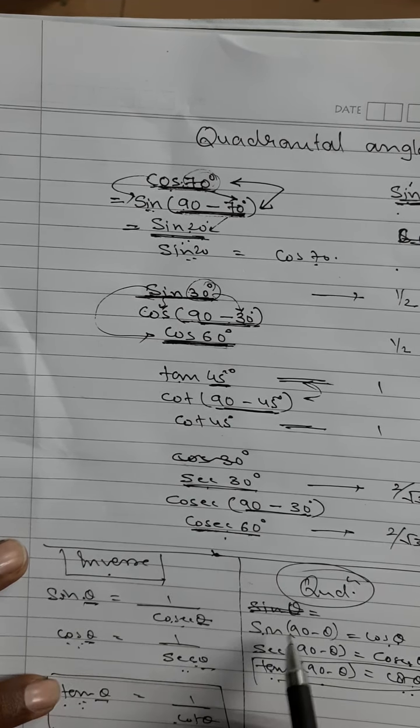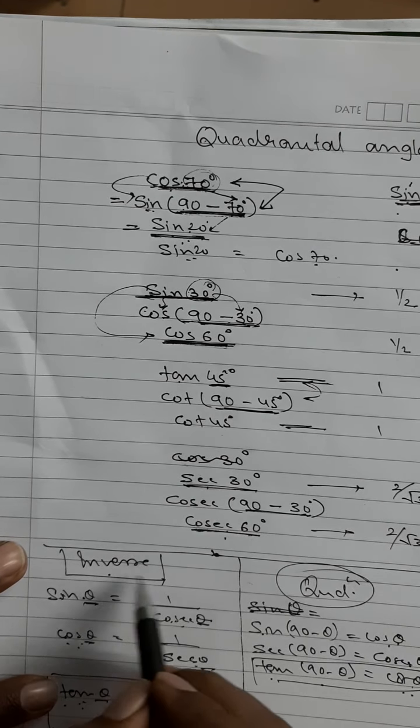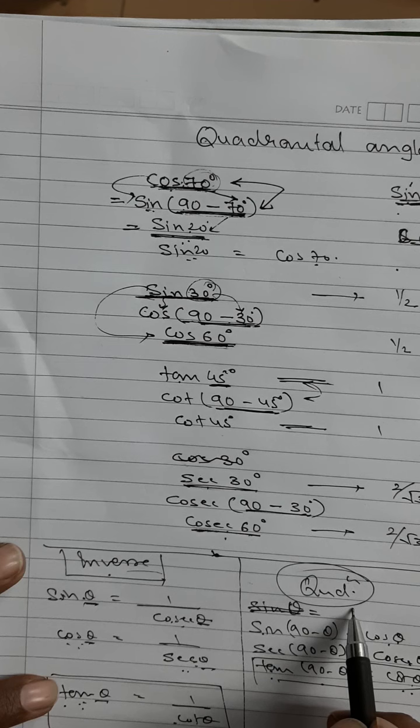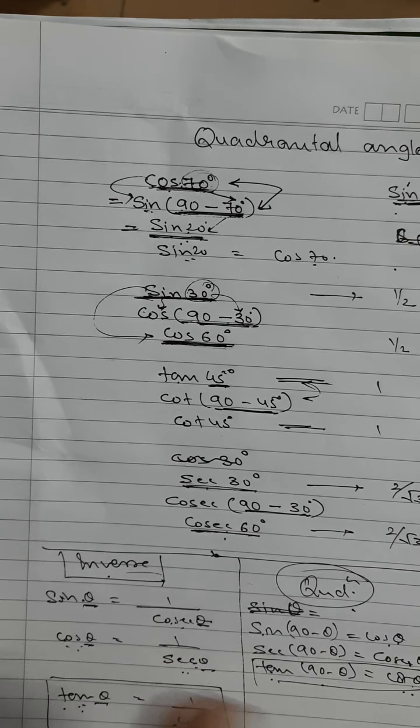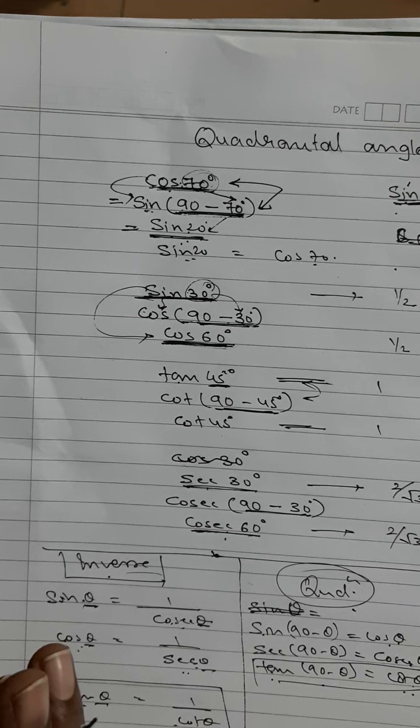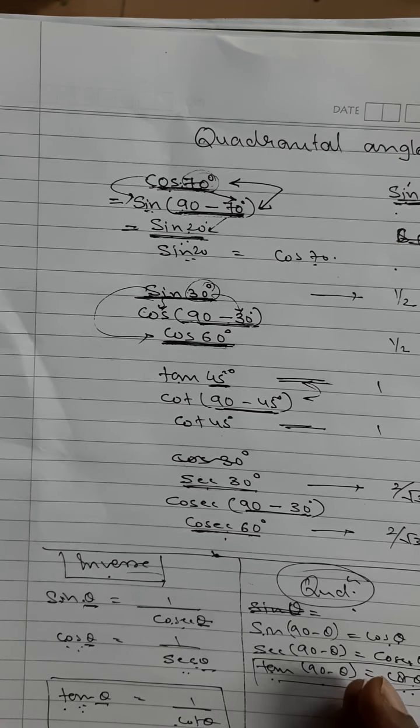But sine and cos change their connections between inverse formulas and quadrantal angles. Try to understand, try to separate your thoughts, try to separate your formulas so that it becomes very logical and easy for you to remember them. And then the other funda is that in inverse formulas, theta remains the same, whereas in quadrantal angles, theta changes.